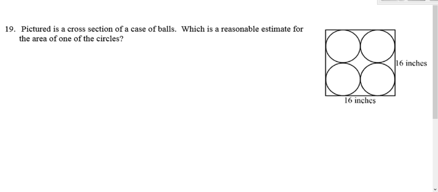So here's a case of balls being stacked into a box. When you take a cross section, it just looks like the 4 circles in there. What would be a reasonable estimate for the area of one of the circles? If it's 16 inches across, that means each ball is 8 inches across, which means a radius of one of them would be 4 inches.